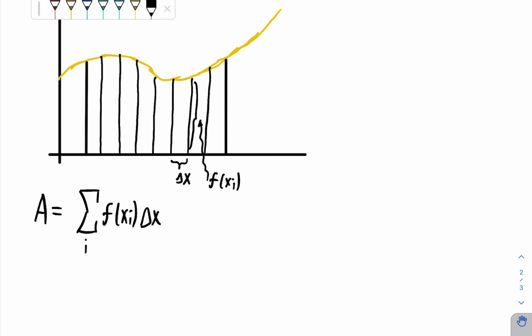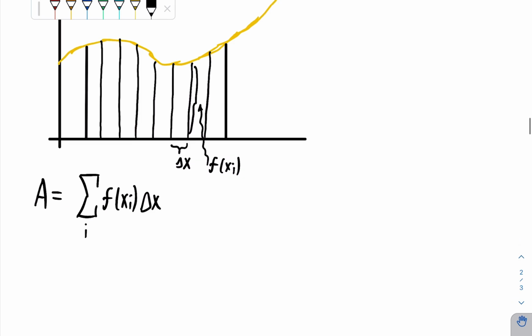Now to make this a continuous area, to make all of these rectangles turn into tiny little slivers that will just add up, we're going to take the limit so that we have infinite rectangles in there.